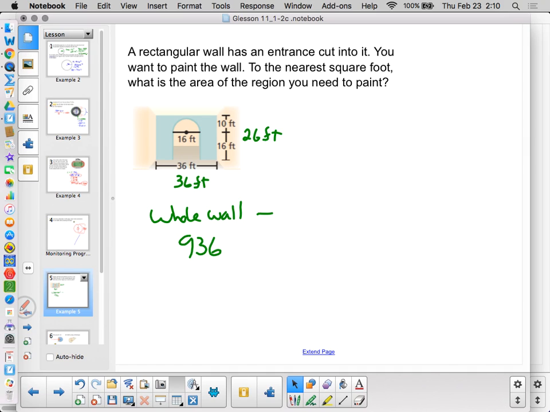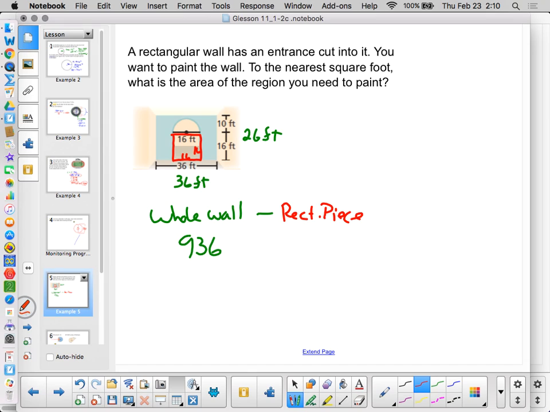Now the doorway I'm going to split into two pieces. I've got a rectangular piece, which I know the width is 16 and the height is 16. So 16 by 16 is 256 square feet taken out.